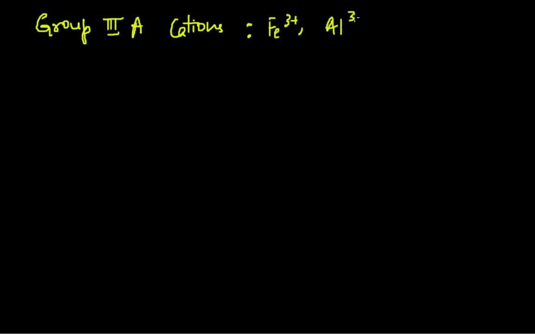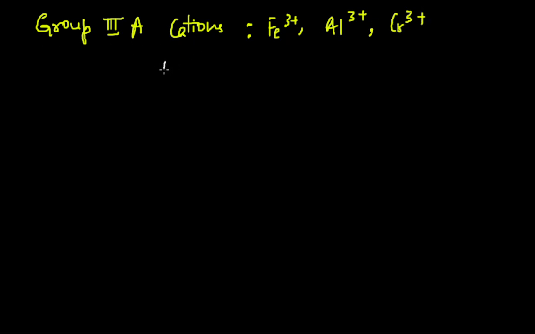Now let us go through group 3 cations. So which are the cations here? So iron 3 plus, Al 3 plus and chromium 3 plus.